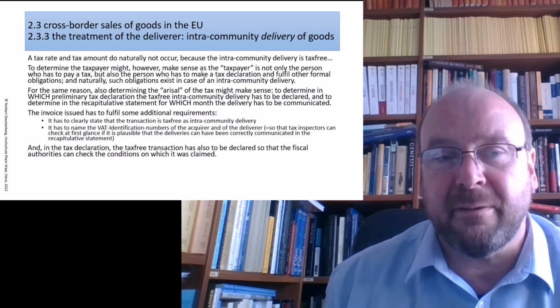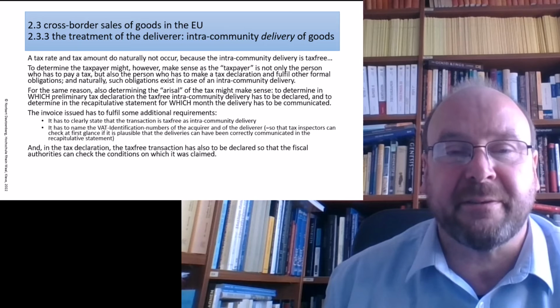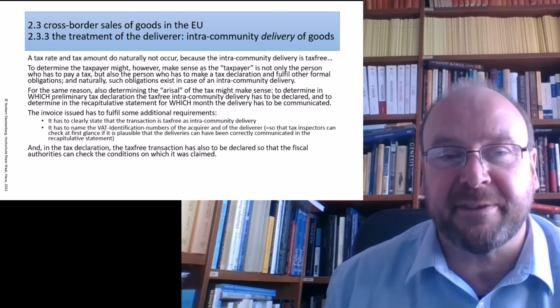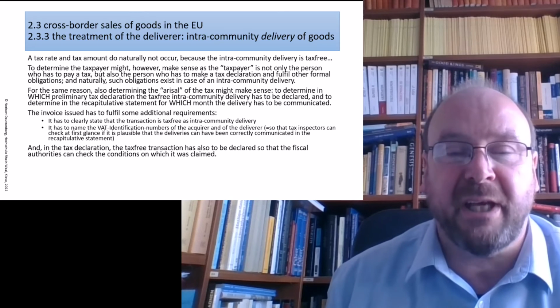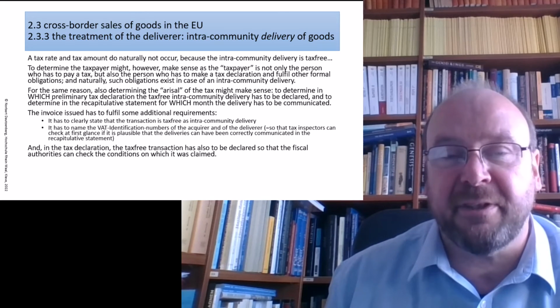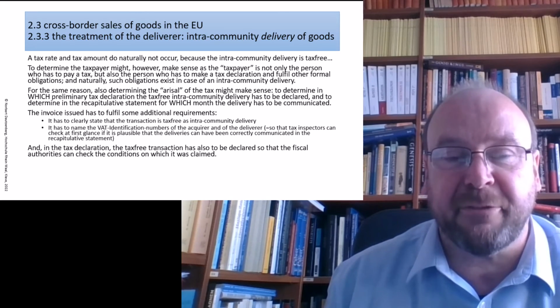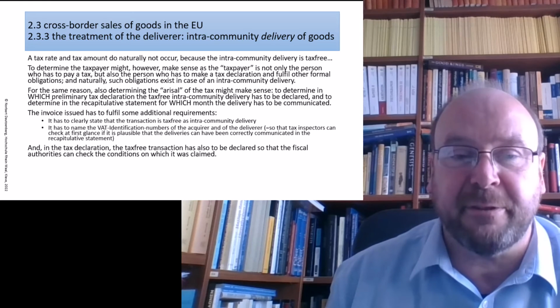And naturally, that you have to declare it in the tax declaration also makes sense because the fiscal authorities want the information. There was a transaction and they want to be able to check if the conditions for the tax exemption were really successfully met.